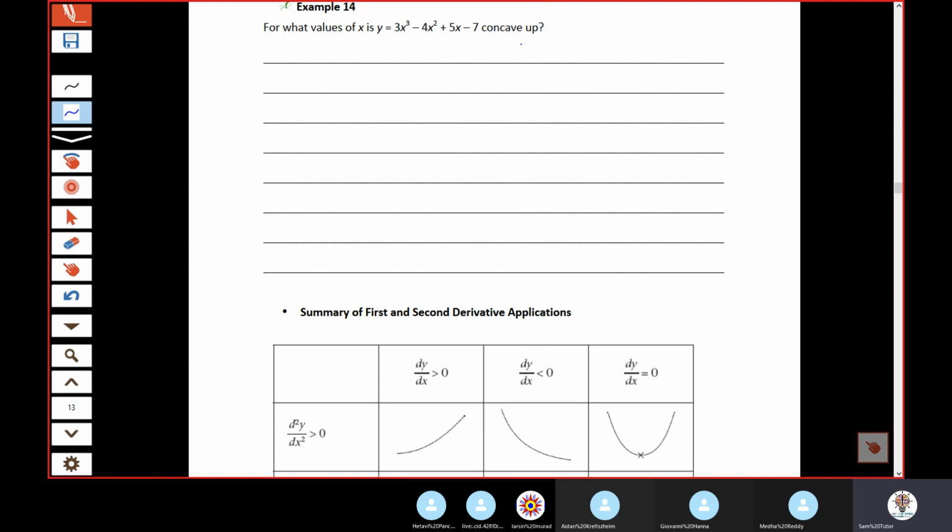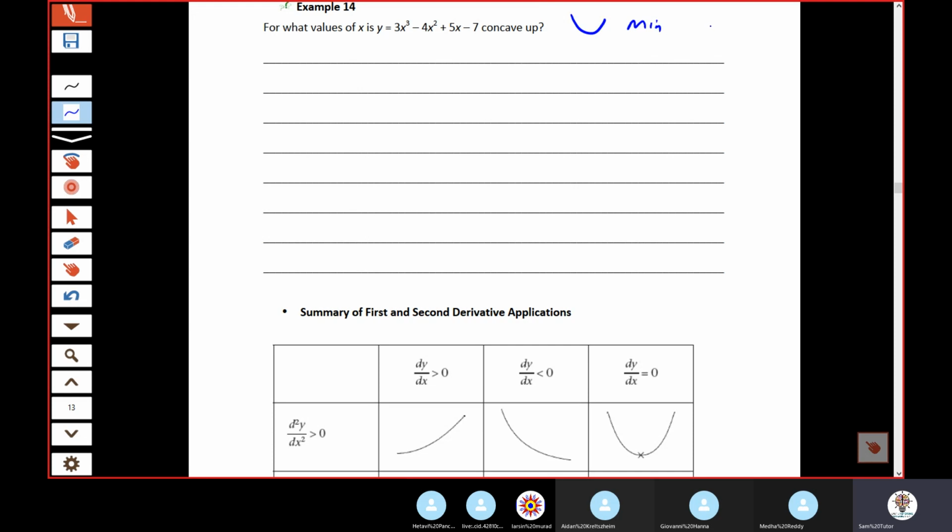For what values of x is it concave up? What does concave up mean? Smiley face, I like it. What does smiley face mean now in the words we're using? Min, I like it. We're getting there.